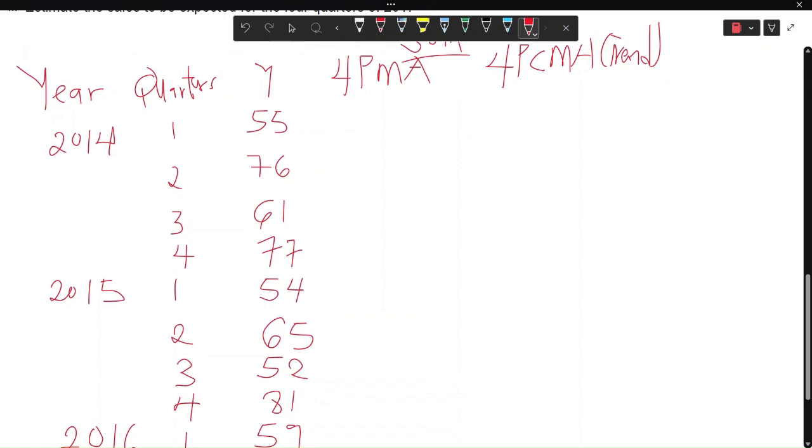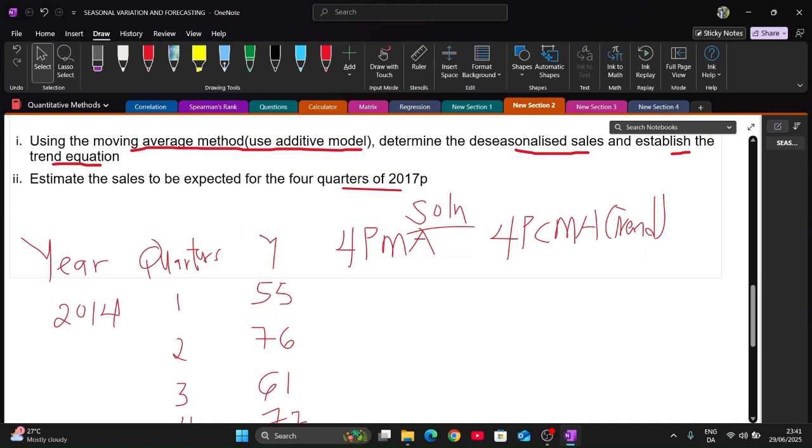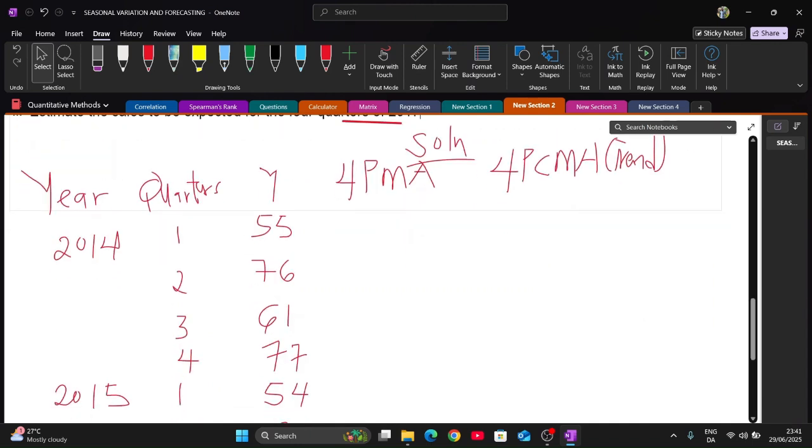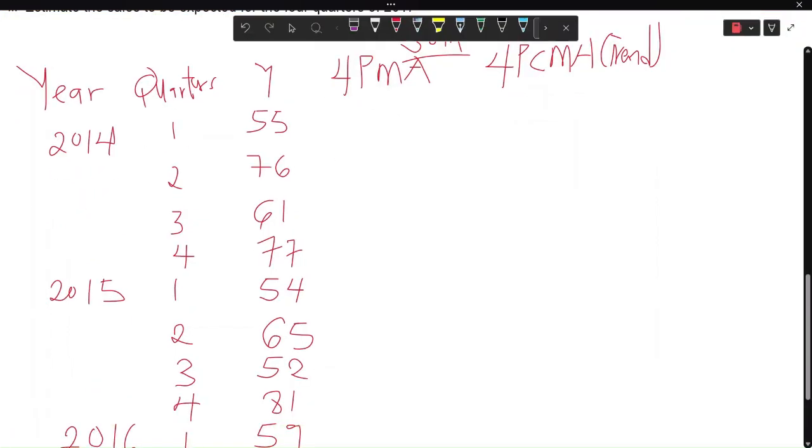Okay, so now let's move in 4. The first one is 55 plus 76 plus 61 plus 77, giving us a value of 67.25. I'm going to write it in between this.